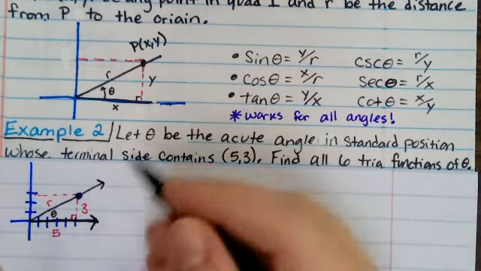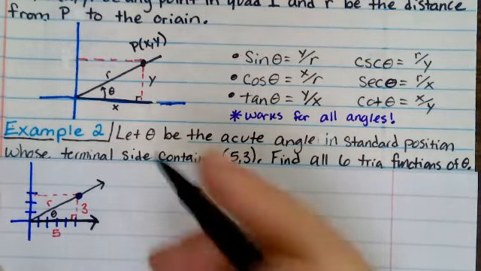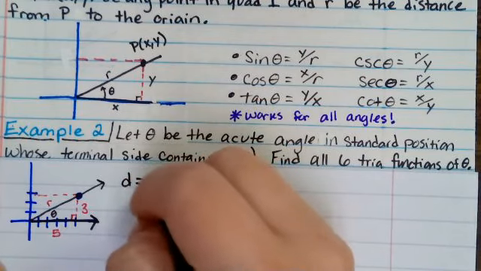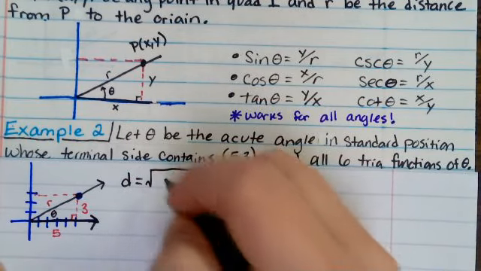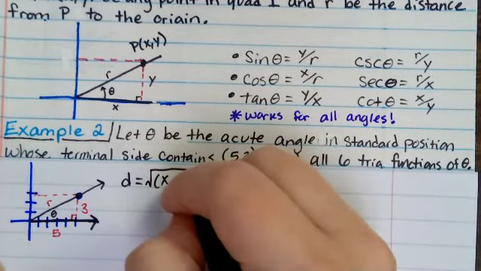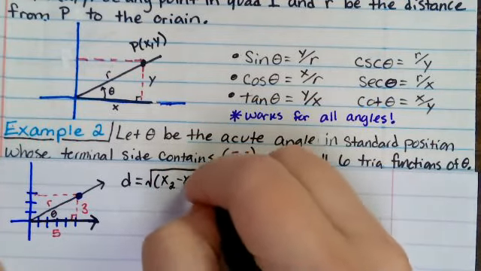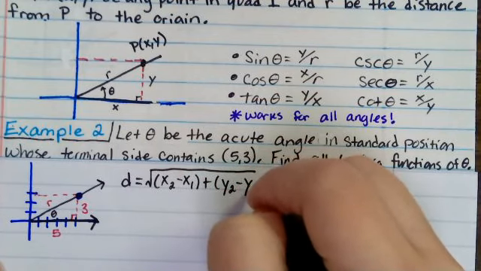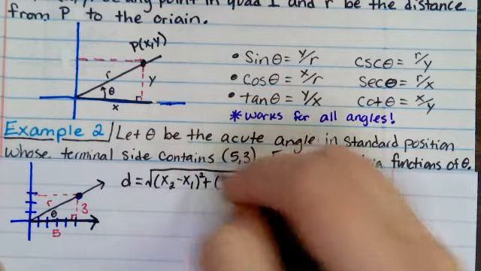So if you're trying to save time and not have to draw a picture, the distance formula might be a better bet here. So I'm going to rewrite what the distance formula is on here just because I have a feeling some of us might have forgotten. That's going to be x2 minus x1 plus y2 minus, oops, I dropped something, didn't I? It's supposed to have a squared on it.